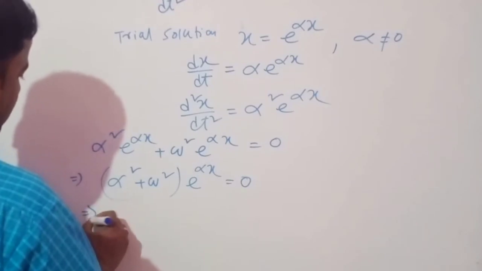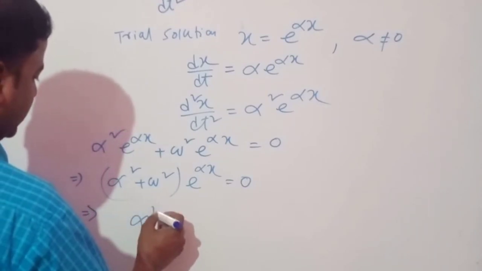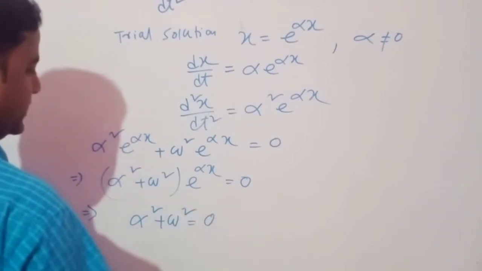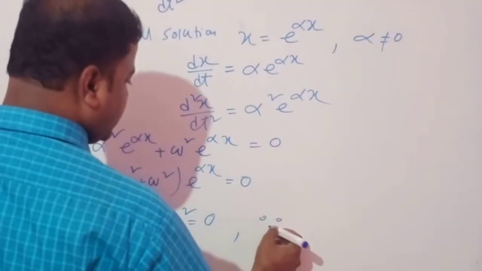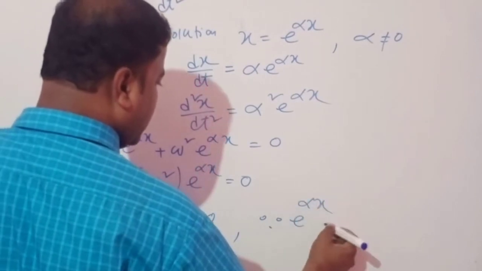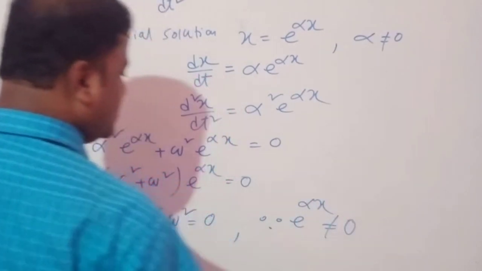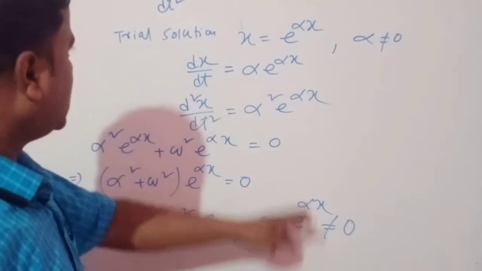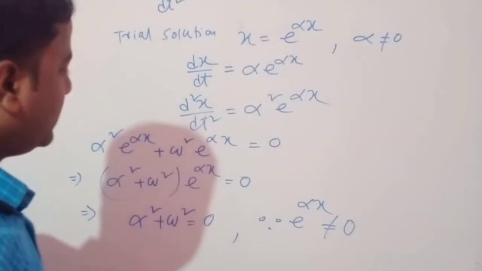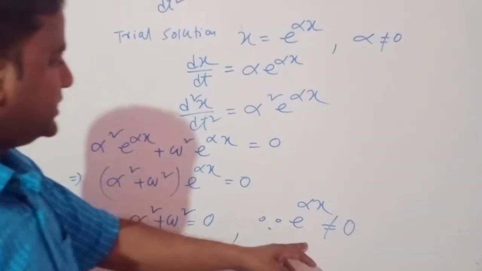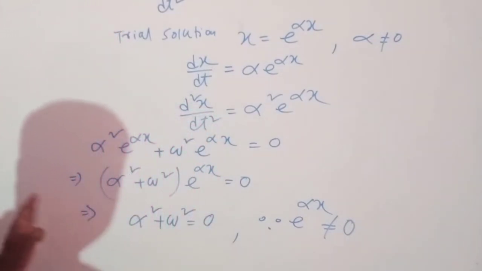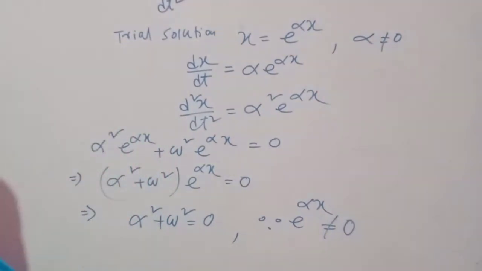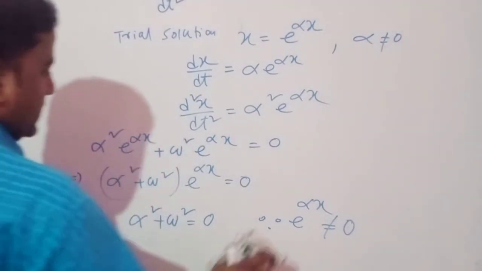From this equation we get alpha square plus omega square equal to 0, as e to the power alpha t is not equal to 0, because we take this trial solution x equal to e to the power alpha t. If we set this factor to 0, then the solution will be trivial. We cannot find any satisfactory result.